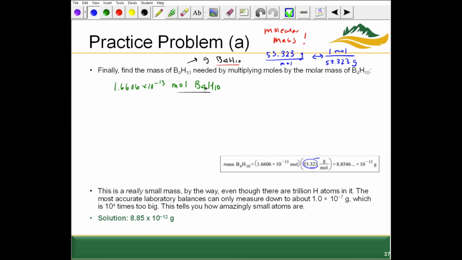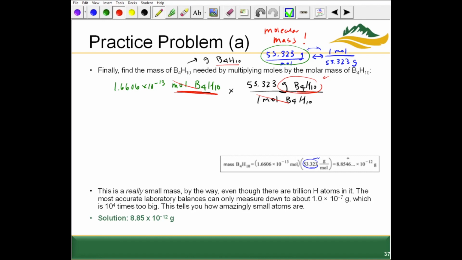If we have moles here and we want grams, which version do we need to use? This one will allow us to cancel moles and keep grams on top. So 53.323 grams per 1 mole of B4H10. Moles will cancel out. We're left with just grams. Really importantly, we're left with grams of B4H10, not just grams of hydrogen. With moles of B4H10, then we can use its molar mass to get just grams of B4H10.